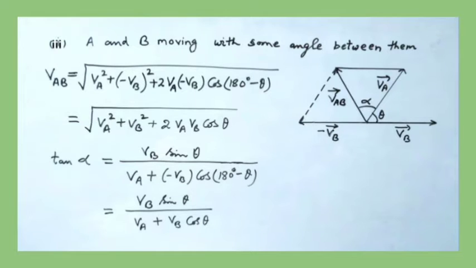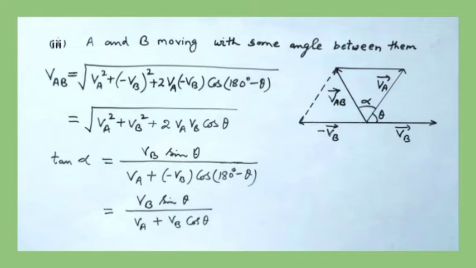Third situation of relative velocity is when the two objects A and B are moving with some angle between them. Then VAB is equal to under root VA square plus minus VB square plus 2VA into minus VB into cos 180 degree minus theta, which comes out equal to under root VA square plus VB square plus 2VA VB cos theta.